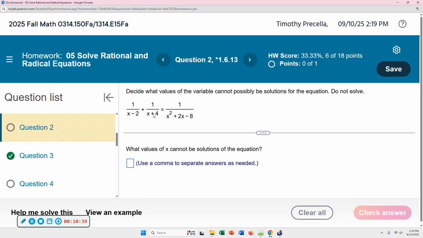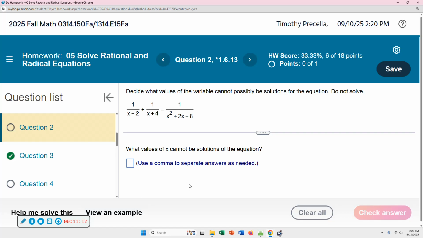The first one and the second one: 1 over x minus 2 plus 1 over x plus 4 is equal to 1 over x squared plus 2x minus 8. Let me look and make sure I didn't miscopy this. x minus 2, x plus 4.